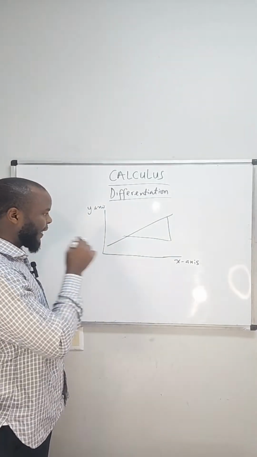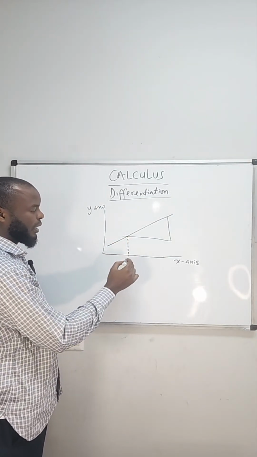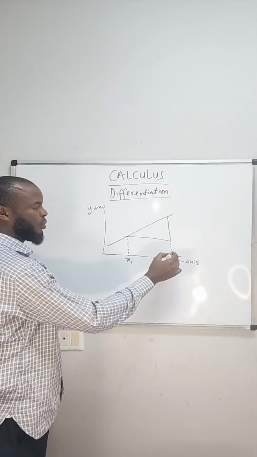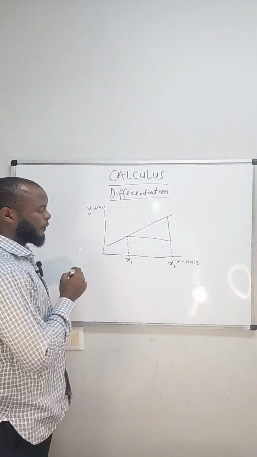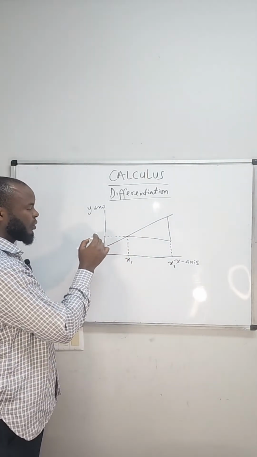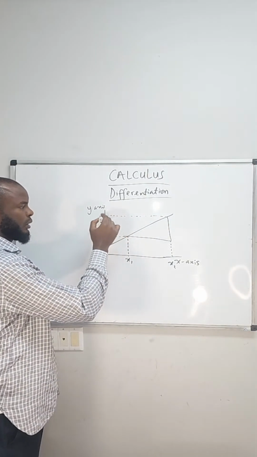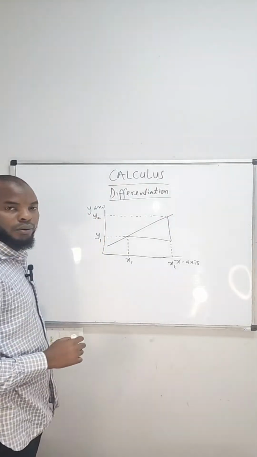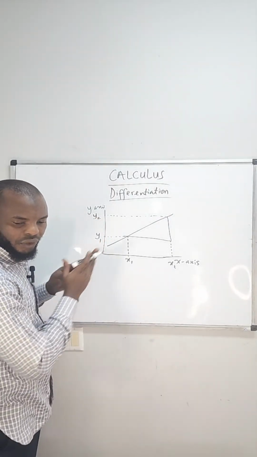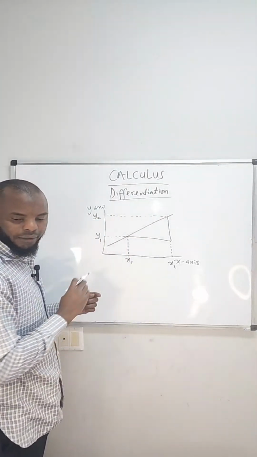Okay? Here is going to be your x1. This is x2. This is y1. And this is y2. So you're looking at the straight line, the angle of the straight line.